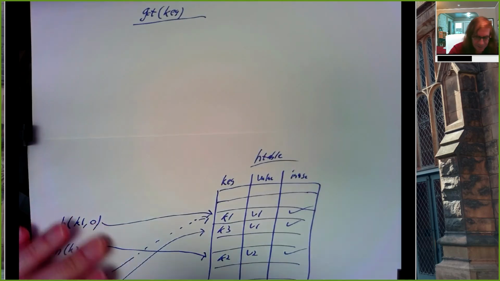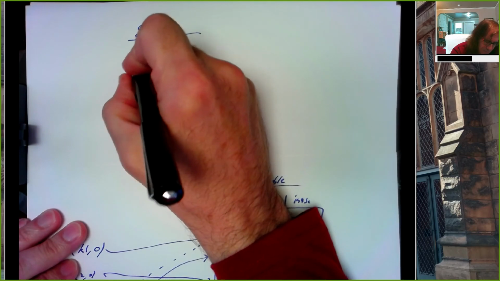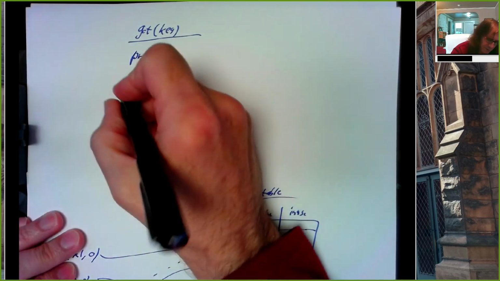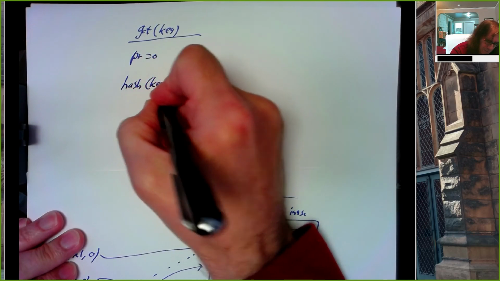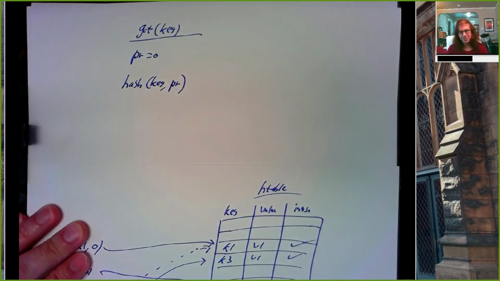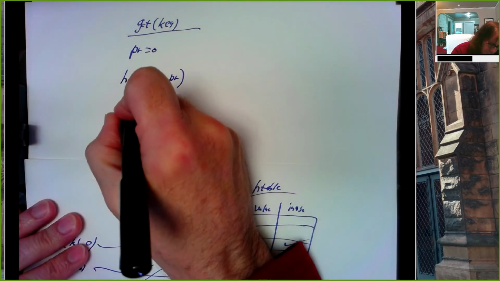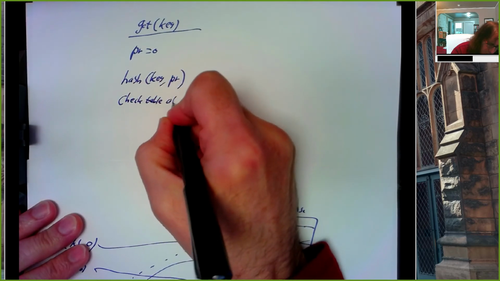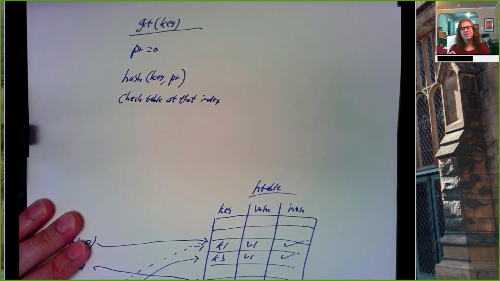So getting a key works like this. Set a probe value. That's going to be our attempt number. Hash our key with that probe. Check the table at that index.